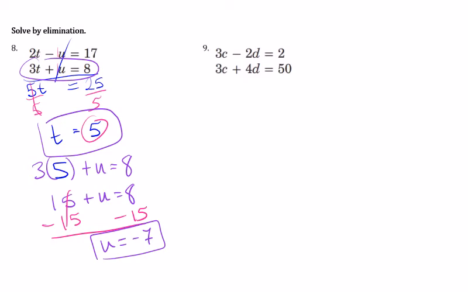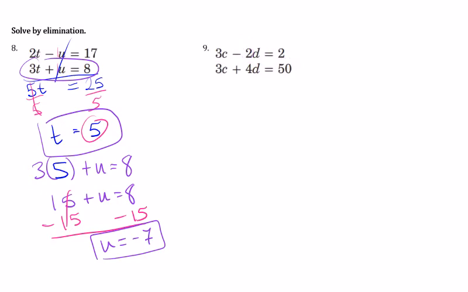You can multiply any equation by whatever you want on both sides. I could multiply one of these equations by -1, and that would get these 3's to be opposites so that I could cancel out the c's, or I could multiply this equation by +2, and that would make this -4, and then we could cancel out our d's. You have choices. Either way works.